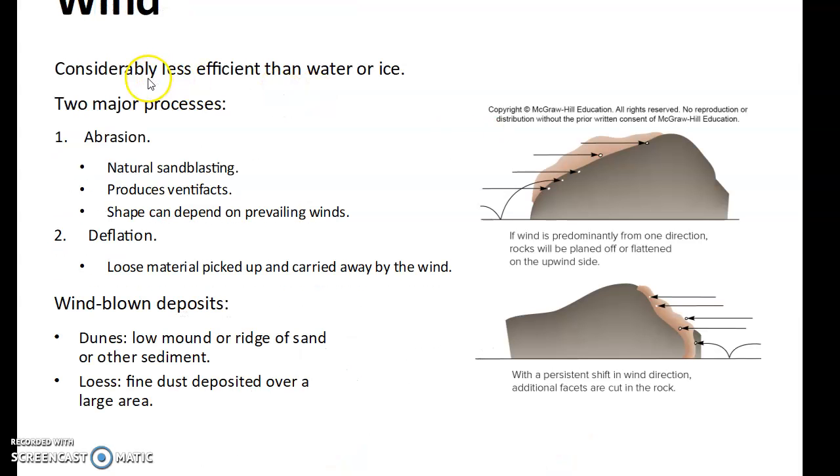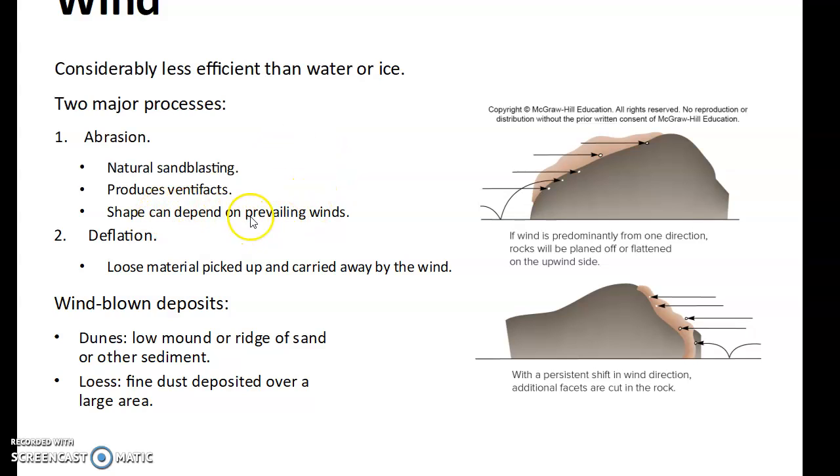The wind is considerably less efficient than water or ice, but nevertheless, if you've ever traveled through New Mexico or Arizona, your car is going to have some natural sandblasting at times from some of the strong winds that you get there. At least I've experienced that. I guess it probably should occur further north, along Nevada and that, but places where I've seen it primarily have been in New Mexico and Arizona.